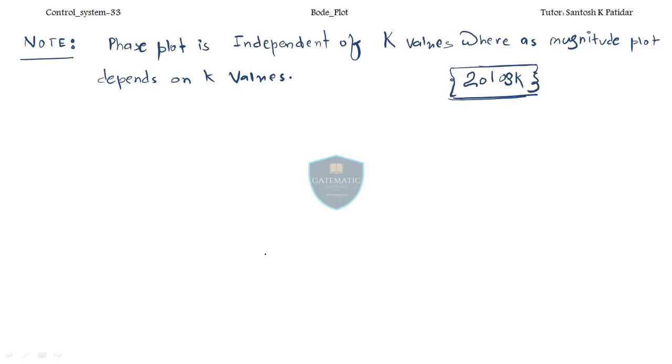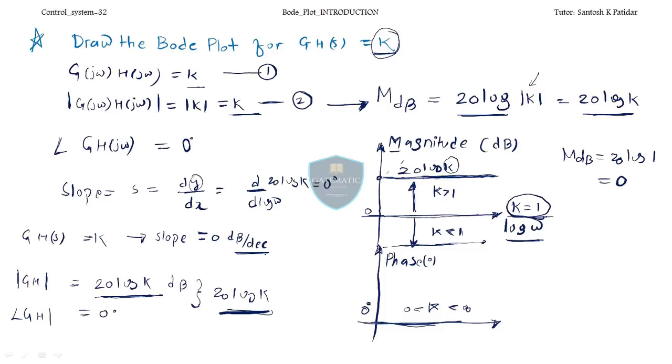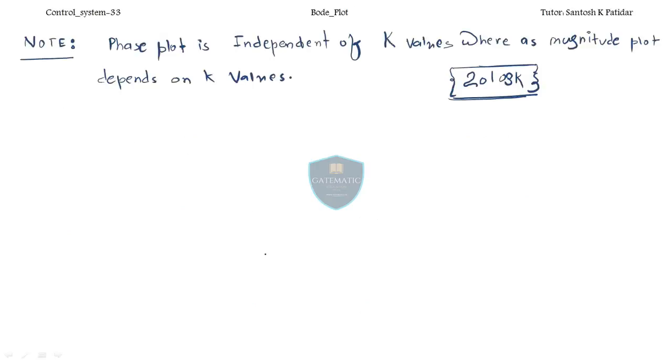Don't worry. So the last time we have seen the constant K term. Today we'll see n number of poles at origin and n number of zeros at origin. So let me start now.